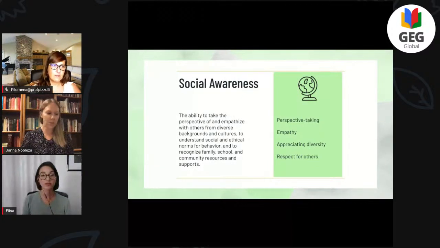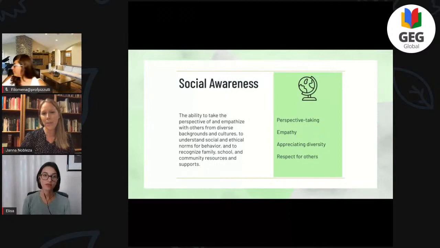So social awareness really encompasses the global community and how we can get students, even from elementary school years, to see themselves as part of a global society, and become a global citizen of the world.